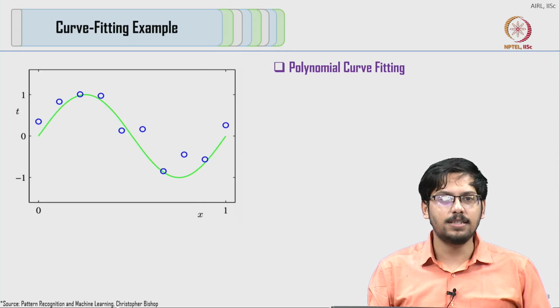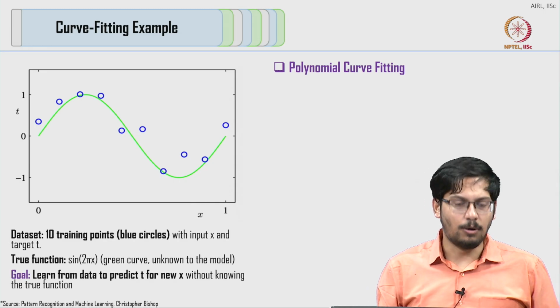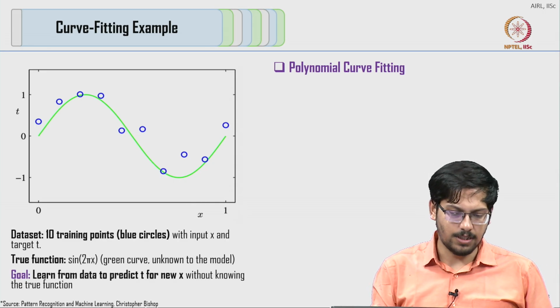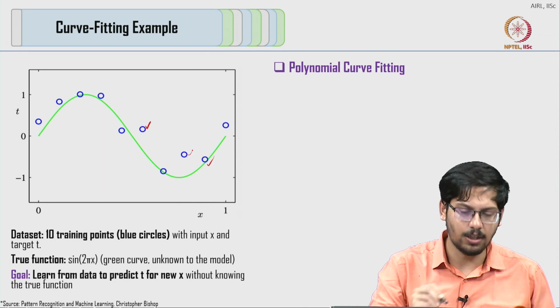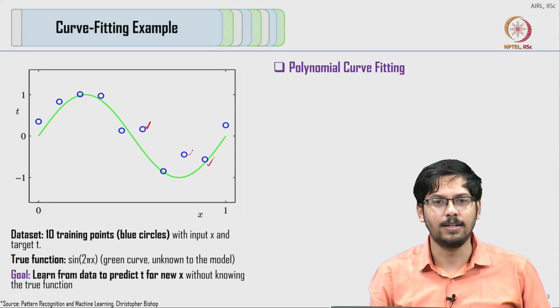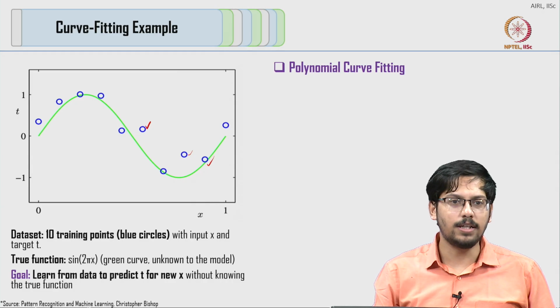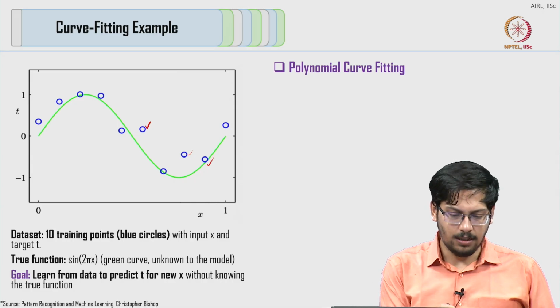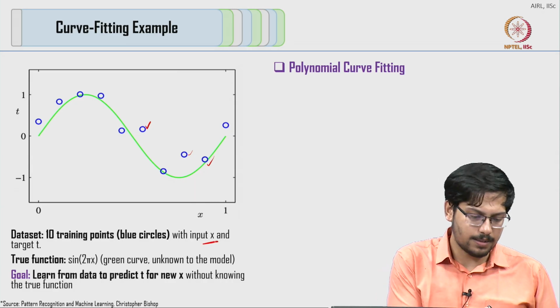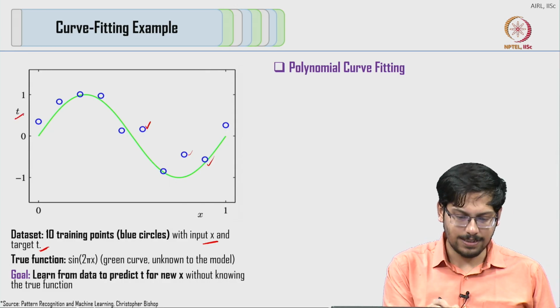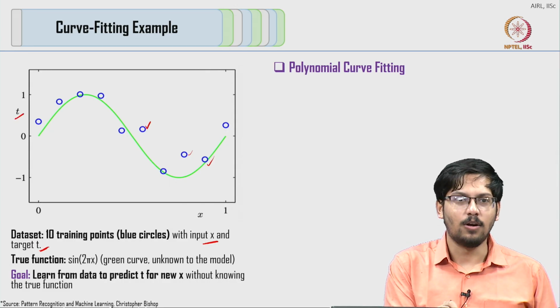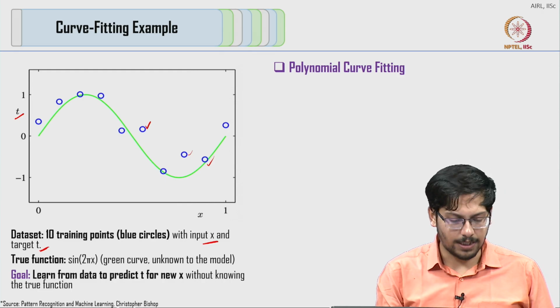So this is the example that we had. Essentially we had about 10 training points which are highlighted in blue here, and we can see that there are some points on the curve and some points have been added with some noise. The goal is to essentially learn for a given input x its corresponding target, which is highlighted by t. So on the x axis we have x, and on the y axis we have the corresponding target t.